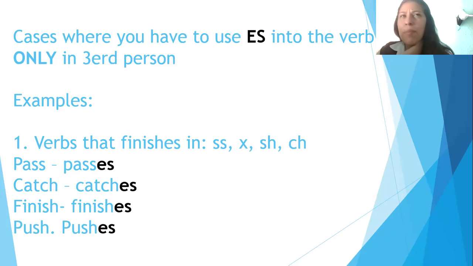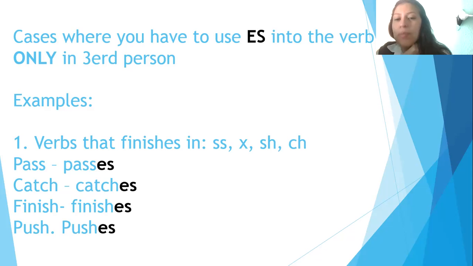So, a veces me preguntan, Miss, pero ¿cómo sé si se le agrega S o solamente ES? Ok, acá está la regla. Si su verbo termina con dos S, va a agregar ES. Si su verbo termina en X, va a utilizar ES. Si termina en SH, va a agregar ES.